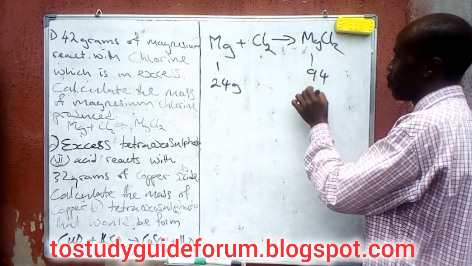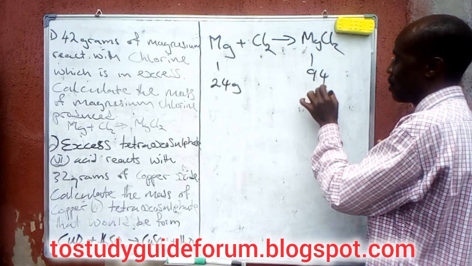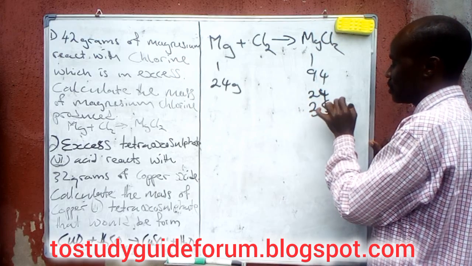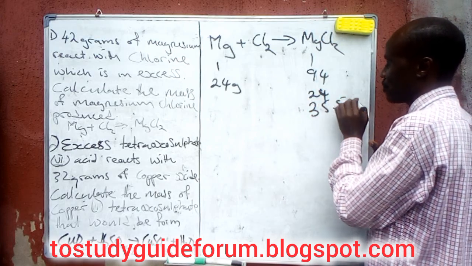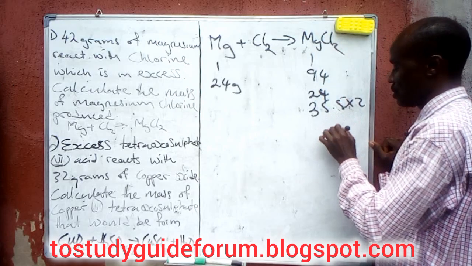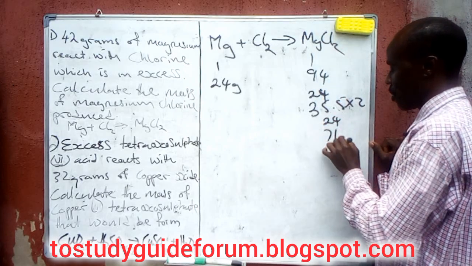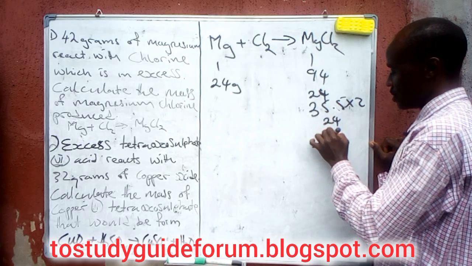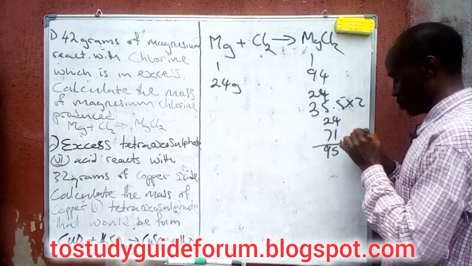Magnesium is 24, chlorine is 35.5 times 2, because it's 2 here, that will give us 71. Adding 24, we have 95.